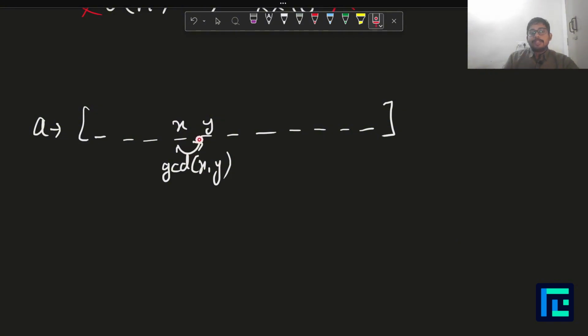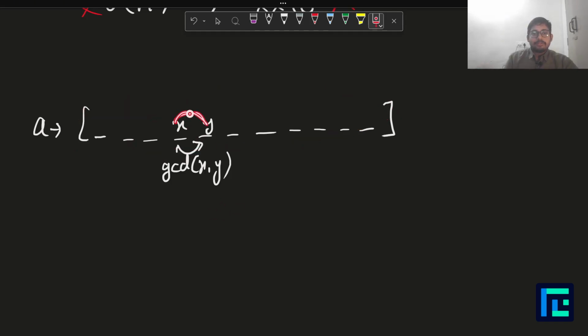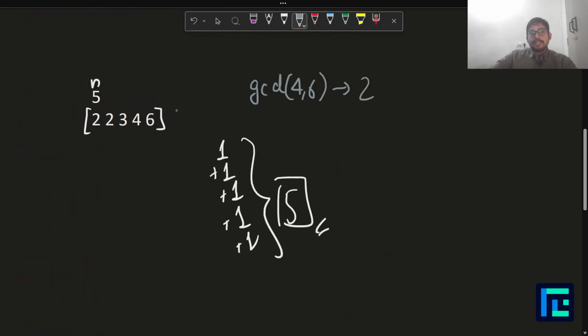Let's say this whole array doesn't contain any 1, and you do a GCD of two adjacent elements and you get a 1. So what can you do? If you get a 1 on at least one element, then as you can see in this example, we did this GCD and replaced one of them with a 1.